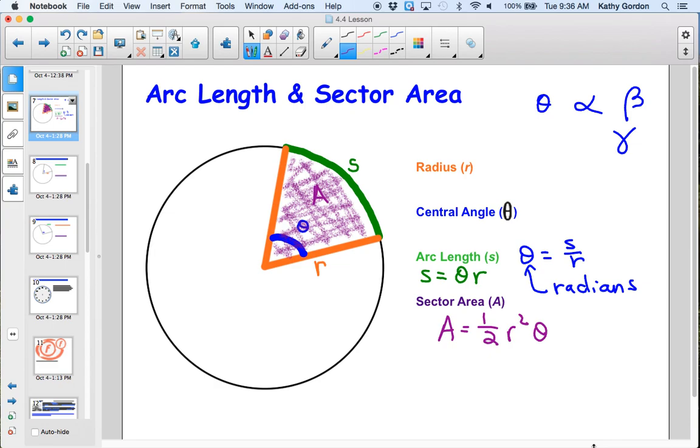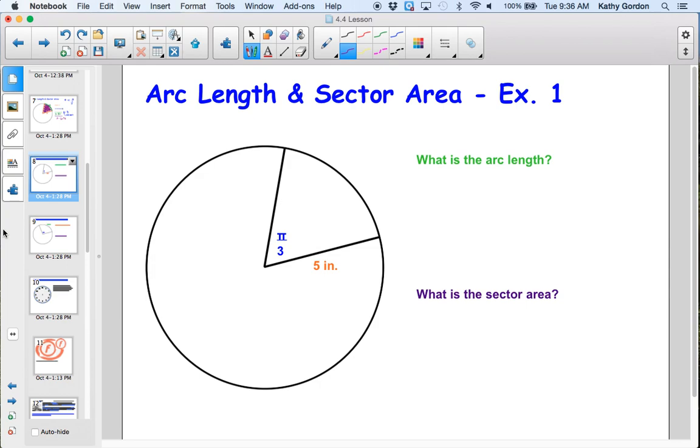The r squared kind of comes from our circle, pi r squared. And we're going to take it times whatever theta is as a radian. Okay? So with that in mind, answer those two questions.